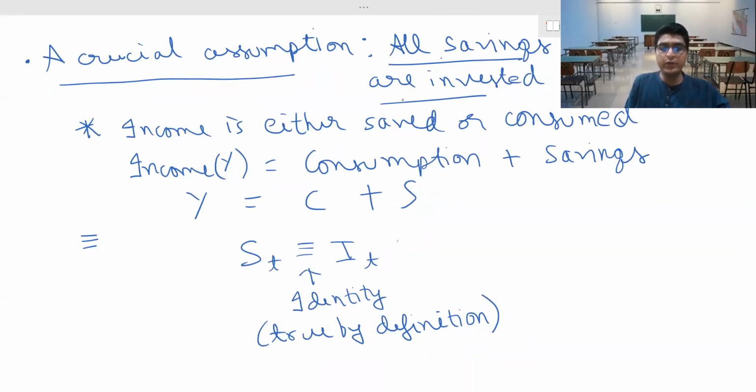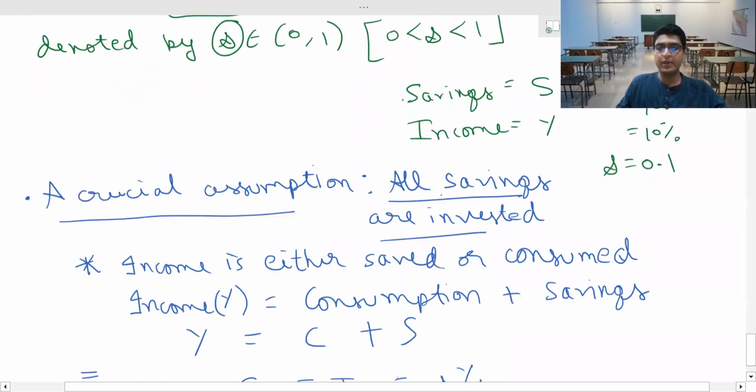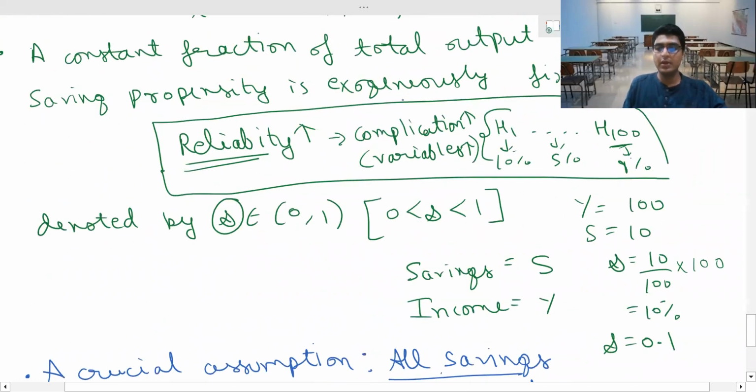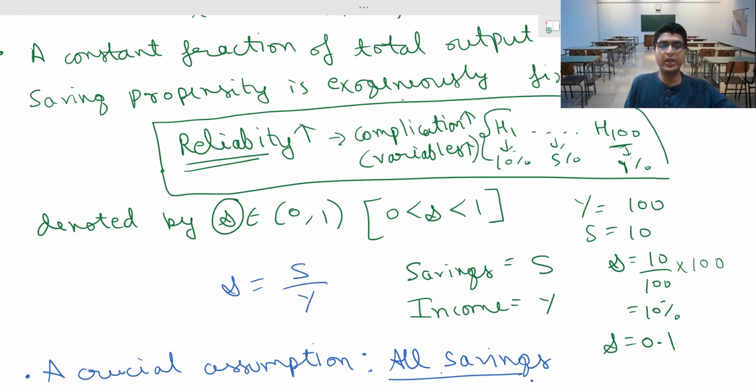So now it is equal to saving rate into Y_t. Here I just showed that saving rate is equal to the amount of savings upon income. Okay, and saving is also equal to investment. So saving rate into Y will be equal to I, and it is true for any period of time. Okay, so saving rate into income is equal to investment.